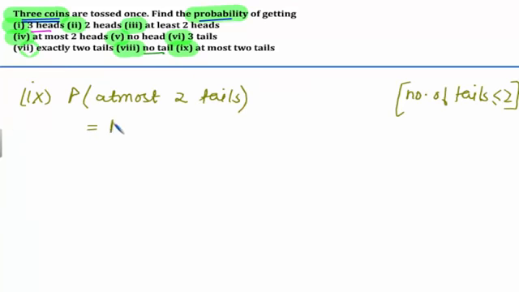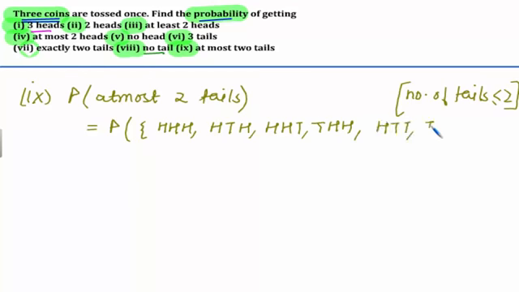So the outcomes for which there are at most 2 tails are HHH, HHT, HTH, THH, HTT, THT and TTH.